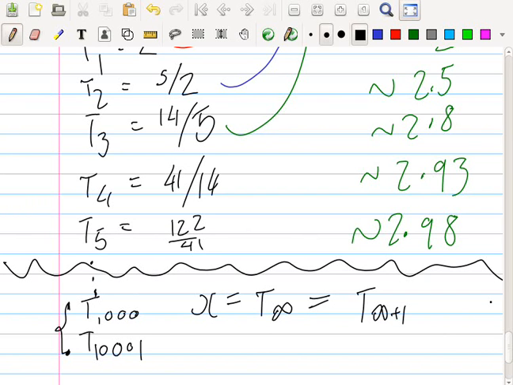Then the next thing you do is look at the equation. It is 4 minus 3 over Tn minus 1, isn't it? So what you type in on your calculator is 4 minus 3 over the answer key. So 4 minus 3 over ANS.